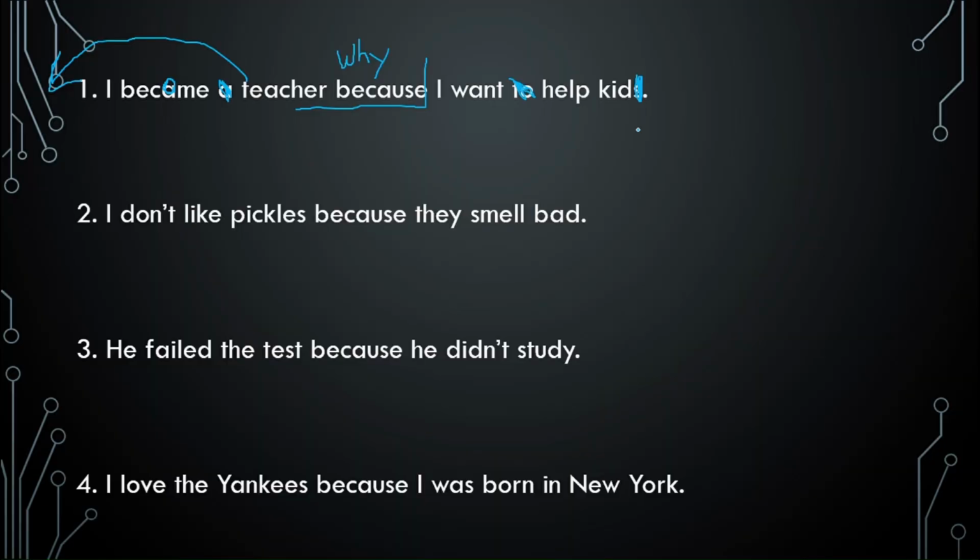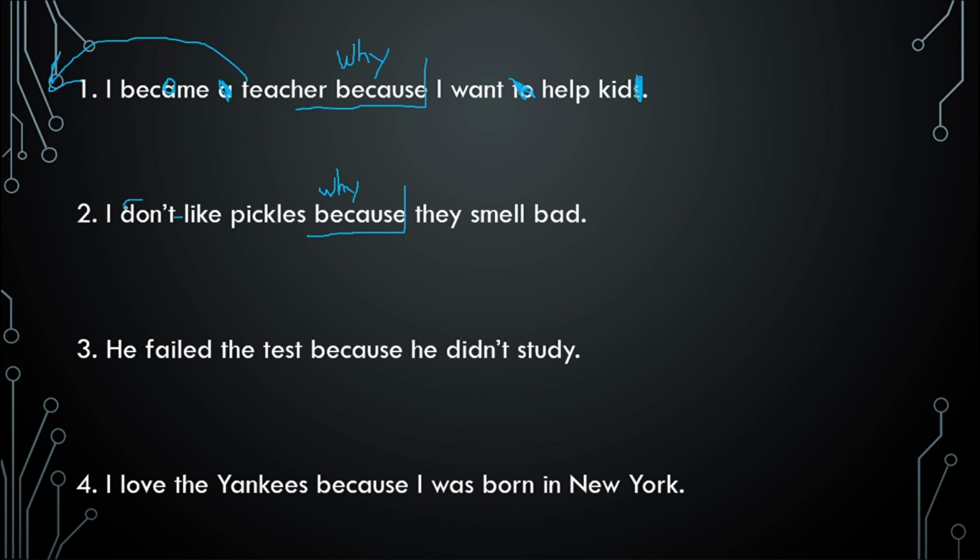Looking at the second one, so again, breaking it apart at because, changing it to why, and we have don't like, which we know the sign for, and negatives go at the end, but we have a question word.